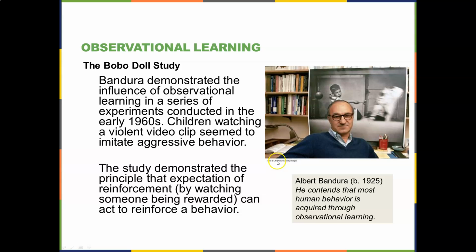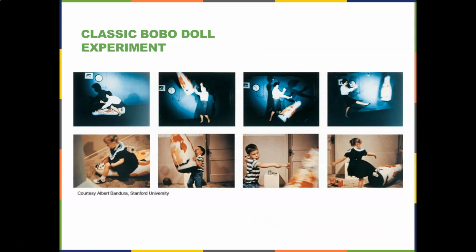And this researcher right here, Albert Bandura, proposed that most of human behavior is acquired through observational learning, through watching others and what occurs in the environment. So he created the Bobo doll study, the experiment.